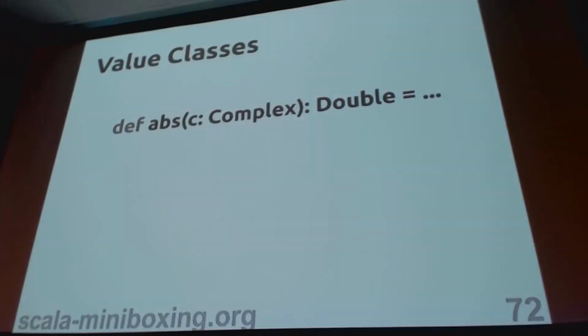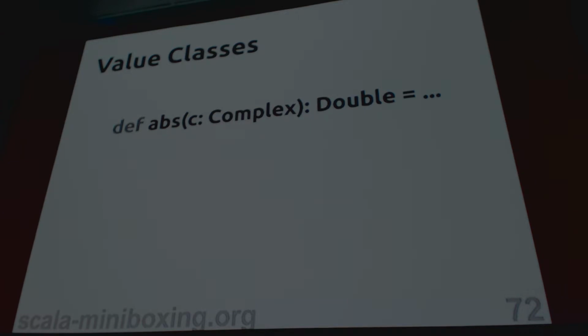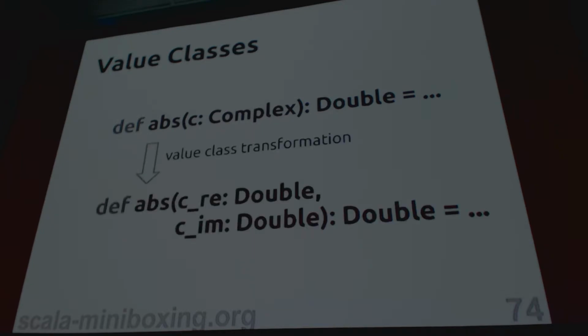Let's see value classes. Value classes, like the usual request everybody makes, give us a complex with two doubles that you unbox. It is very common to have this request. Through a value class transformation, this is a method that will return the real value of the complex. So how would it get compiled?